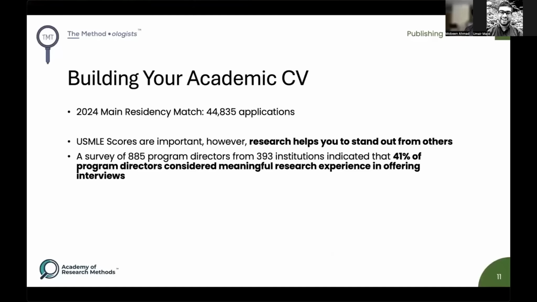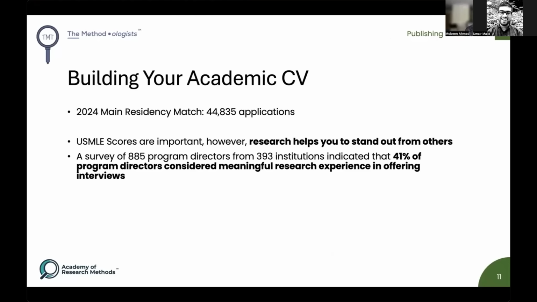Just some background. As we all know, residency match is getting more and more competitive. In 2024, 44,835 applications were made, which is the highest amount ever. As we know, USMLE scores are extremely important, but research is getting more and more important. The reasoning behind this is probably because Step 1 has become more of a pass-fail exam.